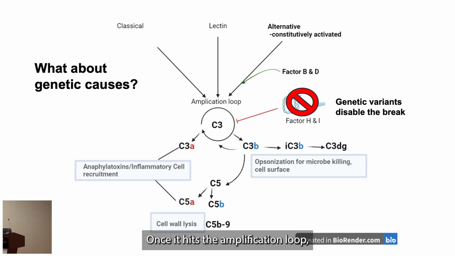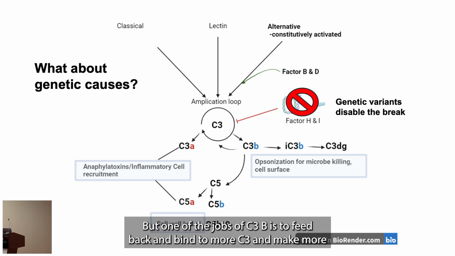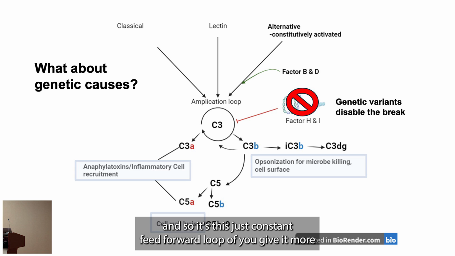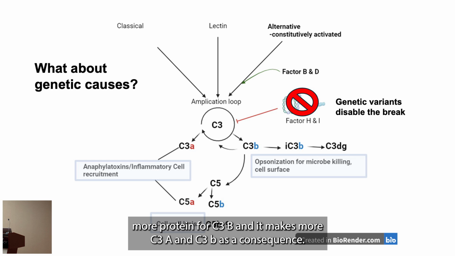Once it hits the amplification loop, it turns that C3 protein into C3a and C3b. Those two proteins have different jobs, but one of the jobs of C3b is to feed back and bind to more C3 and make more. So it's just this constant feed-forward loop: you give it more protein for C3b, and it makes more C3a and C3b as a consequence.